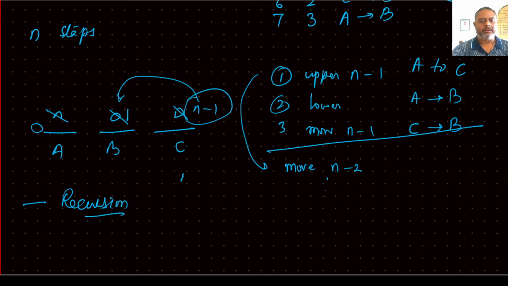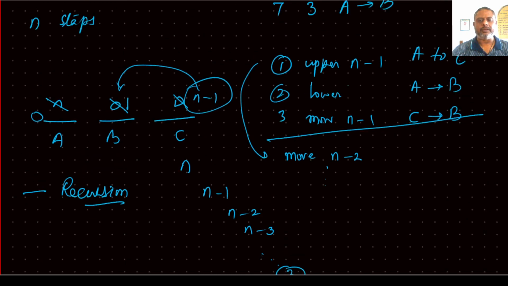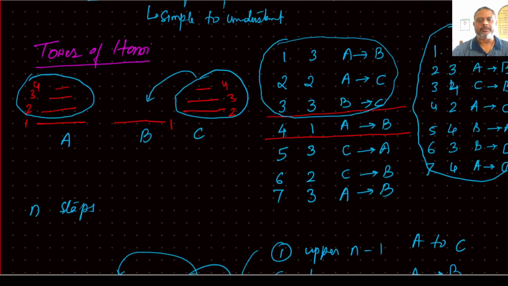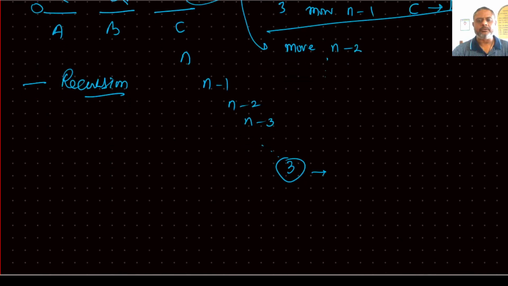So start with n, then you try to move n minus 1, then try n minus 2, then try n minus 3. So that way we will come down to 3. And once you come down to 3, you know how to solve the problem. So this is the solution for solving with the 3 slabs. So use it. Use that algorithm we had.